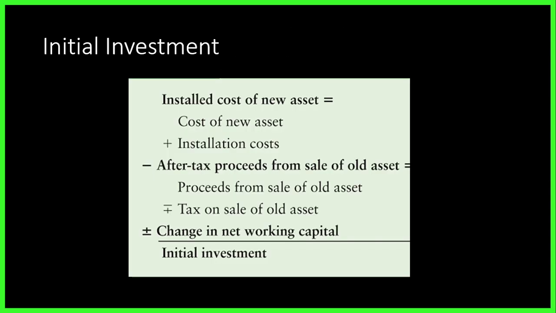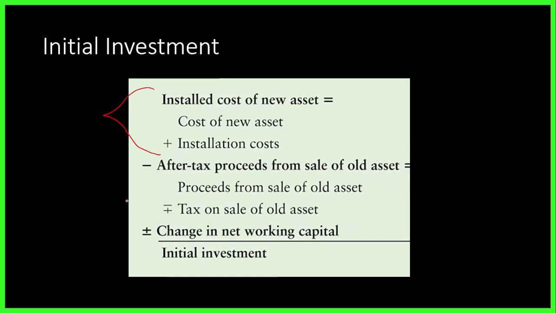Okay, so doon na tayo sa meat of our discussion, starting with the first relevant cash flow. You have your initial investment. How do we compute for the initial investment? Okay, normally for expansion decisions, it will only be composed of this item right here, your installed cost of the new asset, plus or minus any change in the net working capital.